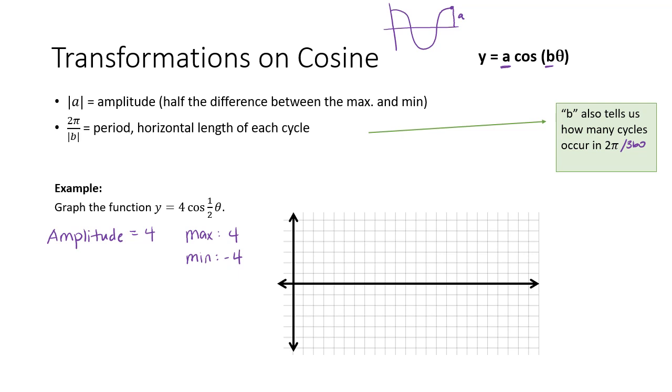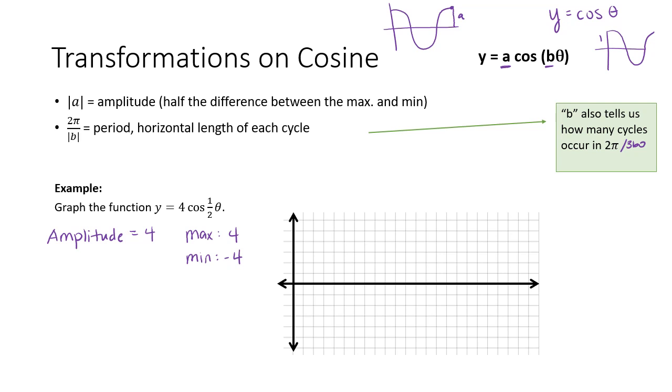Notice that when my parent function is used, y just equals 1 times cosine of 1 times theta, my graph just starts at 1, goes down to -1, and ends up back at +1. So my A is equal to my amplitude. So here, our amplitude is 4.